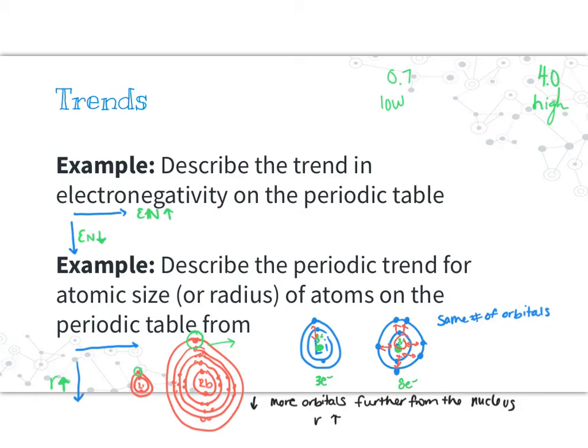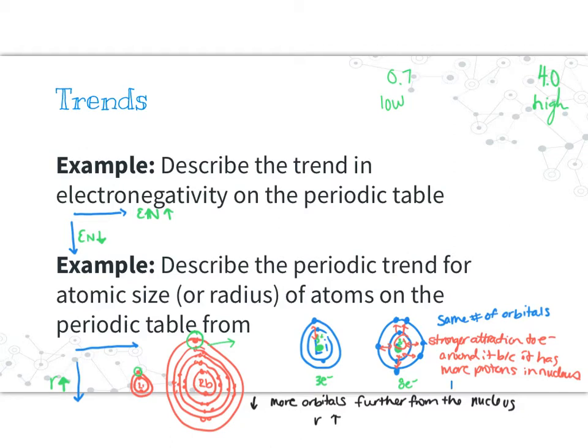So this has a stronger attraction to electrons around it because it has more protons in the nucleus. Therefore, these electrons in oxygen are pulled in tighter than the electrons surrounding lithium.